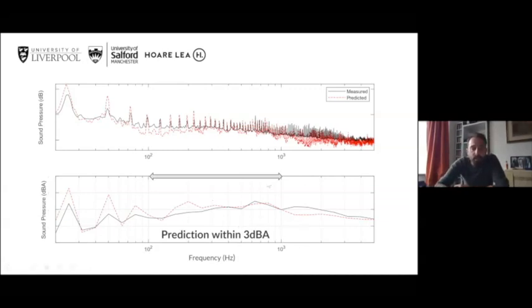But in terms of the A-weighted overall sound pressure level within the train, red line and black line, measured and predicted, if you sum up all those 3rd octave bands of the A-weighted sound pressure, in that range we were interested in, the prediction of the structure-borne noise inside the train was within 3 dB of the measured. It's actually 2.6 decibels.